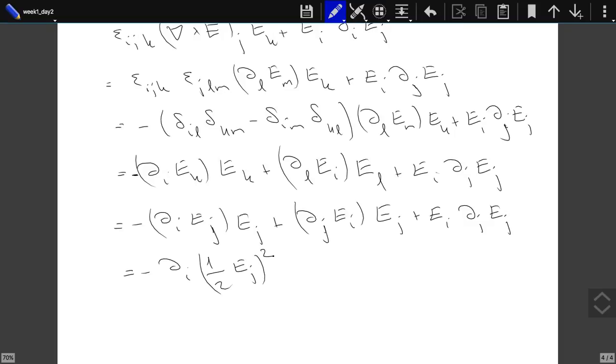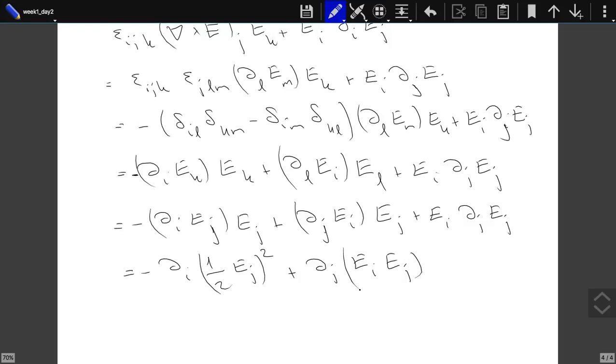If you look at these terms, I have E I times E J. The first term is the derivative of the E I. The second term is the derivative of E J. This is nothing but the total derivative of E I times E J, plus del J of E I E J. Well, you see, it's already a kind of a total derivative.